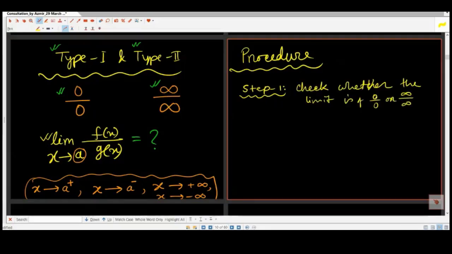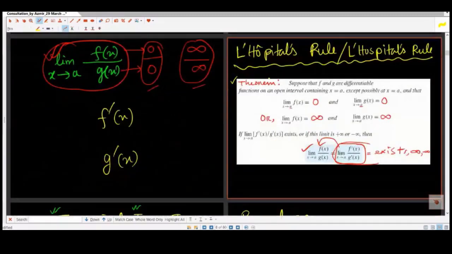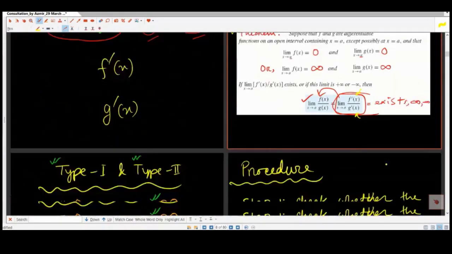If it is 0 over 0 or infinity over infinity, then only we can apply L'Hopital's rule. From the theorem, we can see that we have to find the derivatives of the functions.